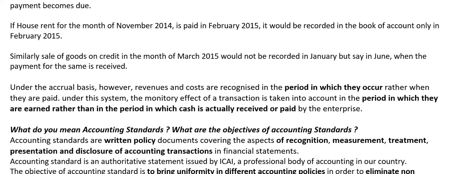Now we will move to the next concept, which is accounting standard.